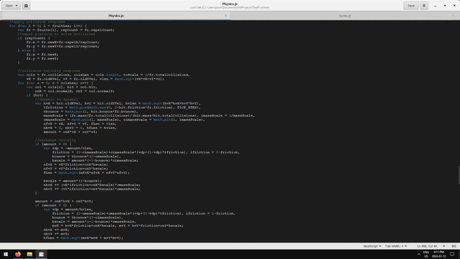So the way we do that is by simulating it splitting the mass. You can see here we divide the mass by the total collisions when we calculate the mass scale of the collision. This way, when an object hits two objects, it splits its mass or velocity or energy between the two hits.